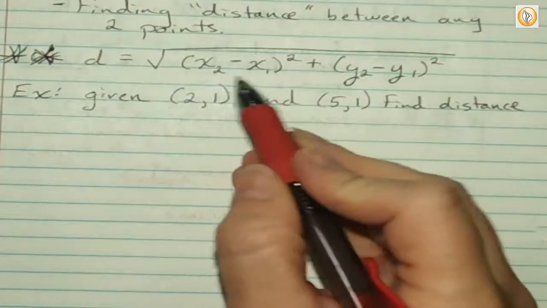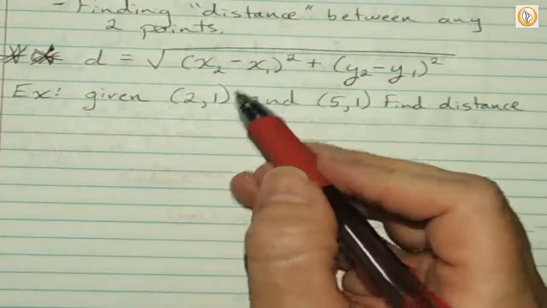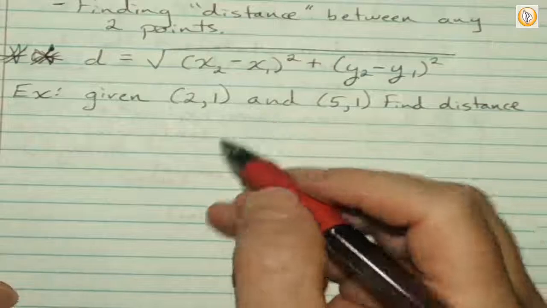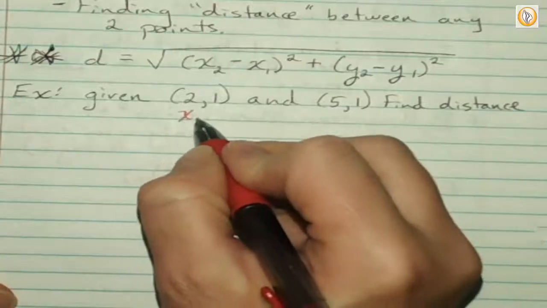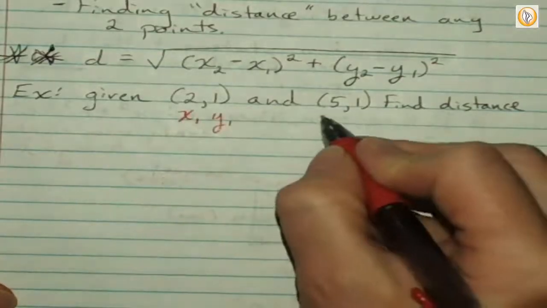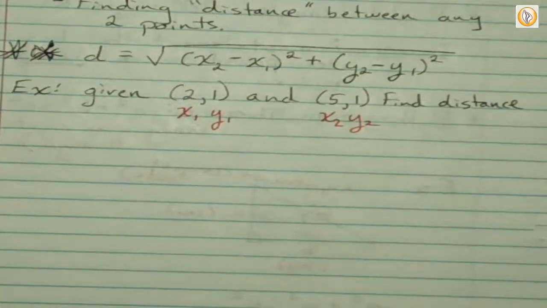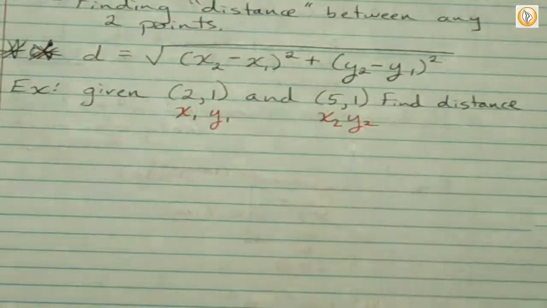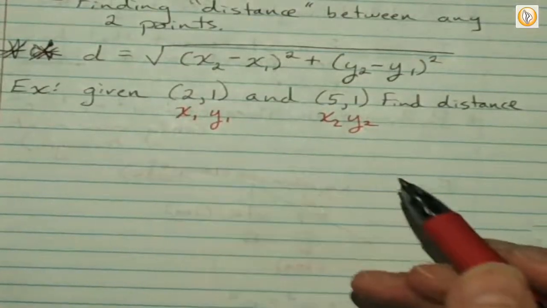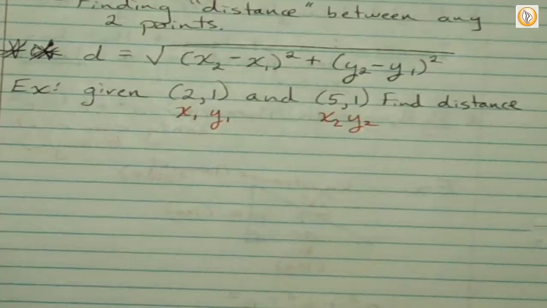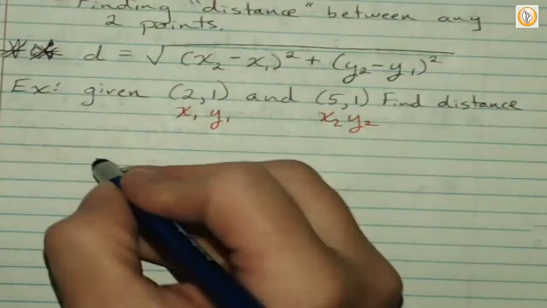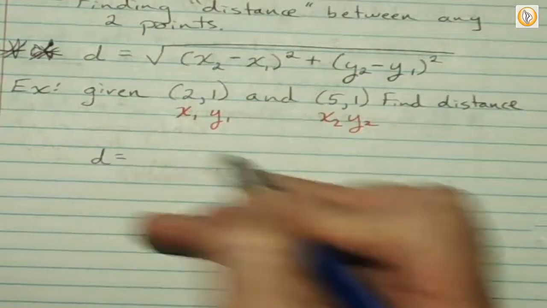Now, a lot of people are like, we've done the subscript stuff. So if you remember, this point would be x1, this is y1. This would be x2, and this is y2. Okay? I would strongly suggest you write this. It takes 2 seconds, if even that, to write that underneath your points so that you don't get confused. And then we just start plugging in the information. So I go back to my distance formula.